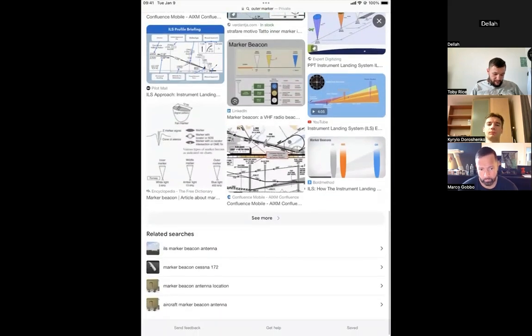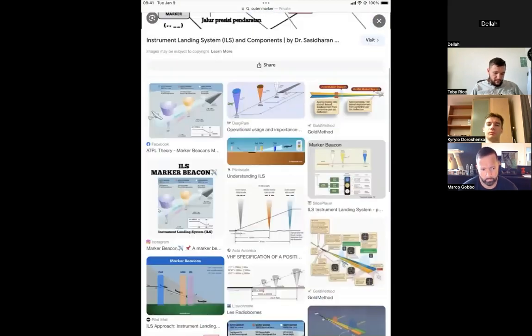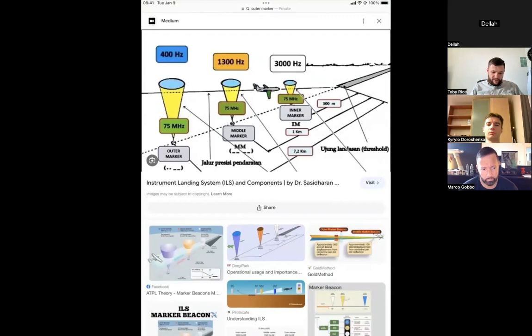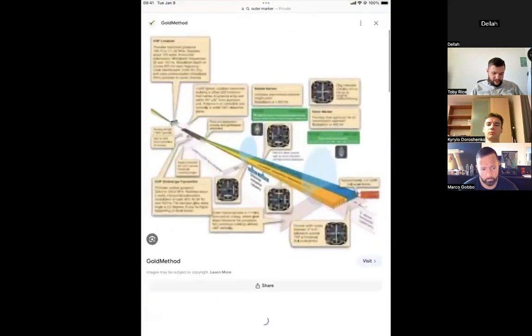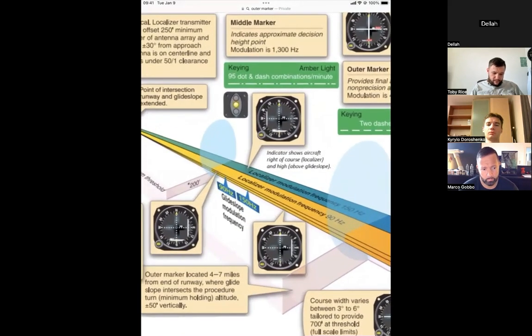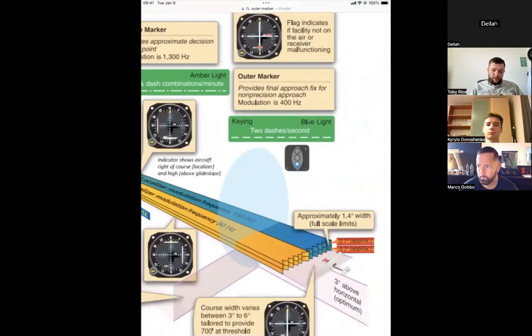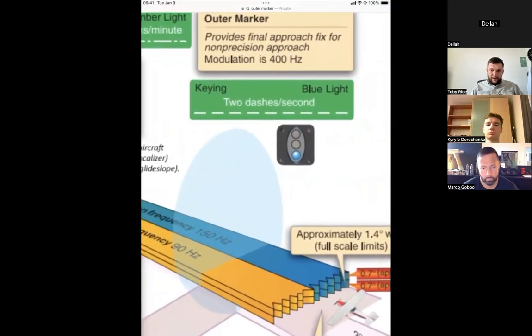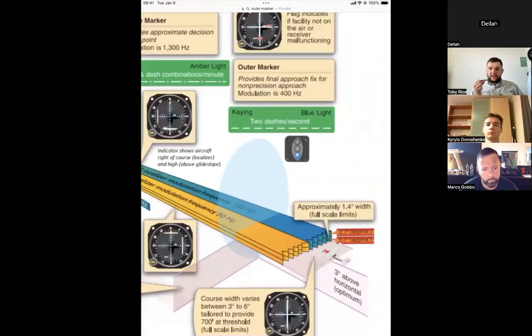There is a marker beacon instrument. In the airplane, a little blue light right there will start to flash, and you will hear just dashes. So dash, dash, dash, dash, like that. That's what you'll hear.